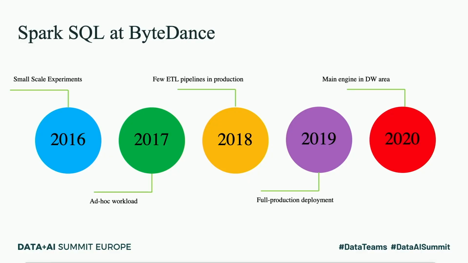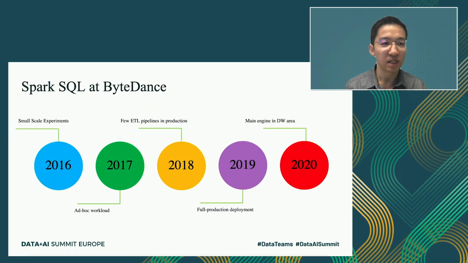We adopted Spark SQL in 2016, and at that time we just used it in small-scale experiments. One year later, in 2017, Spark SQL mainly supported the ad hoc workload.